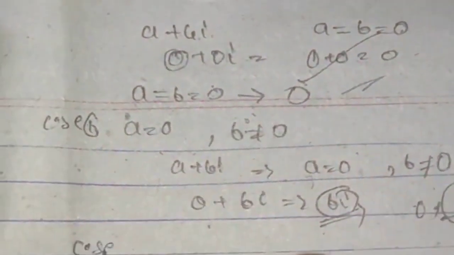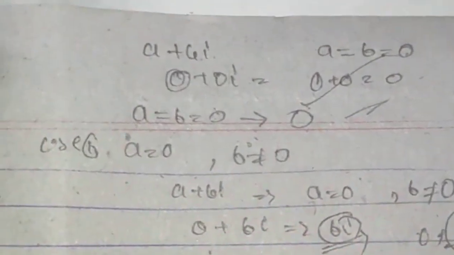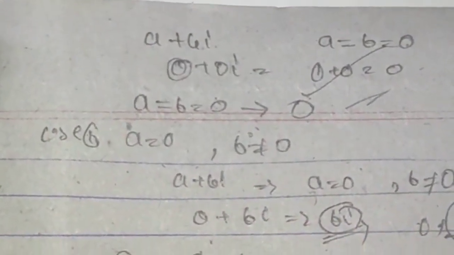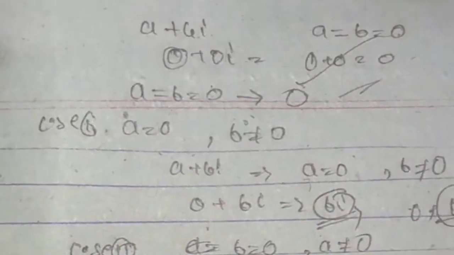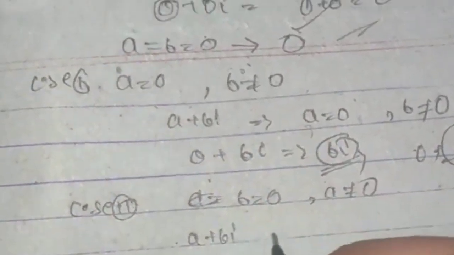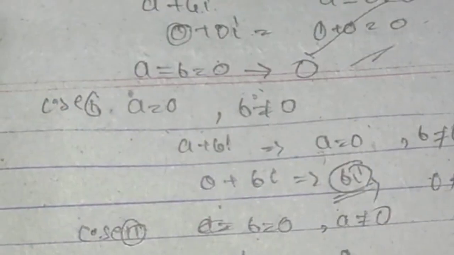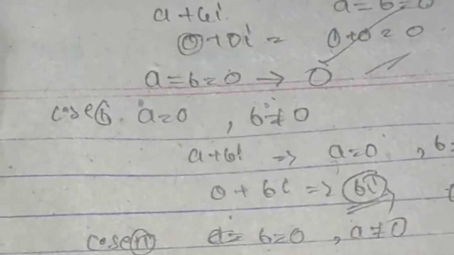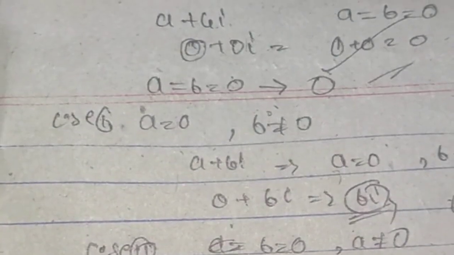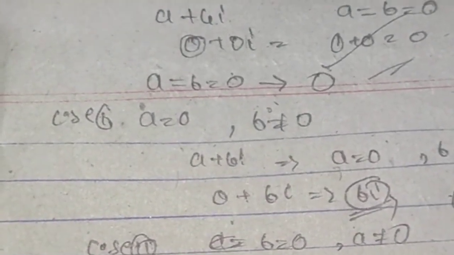Think again, case 2: what if b equals 0 but a is not equal to 0? Here a is not 0 but b is 0. So we have a plus 0 iota.